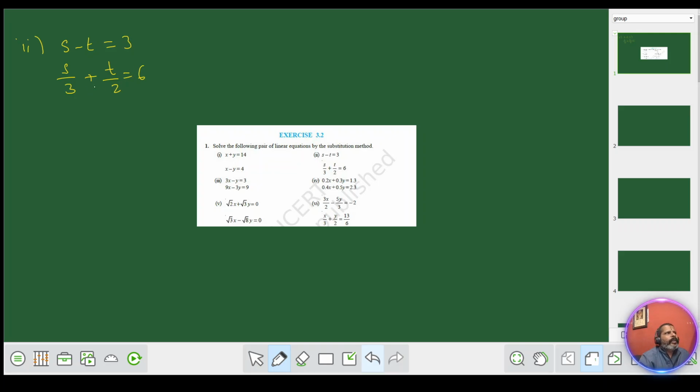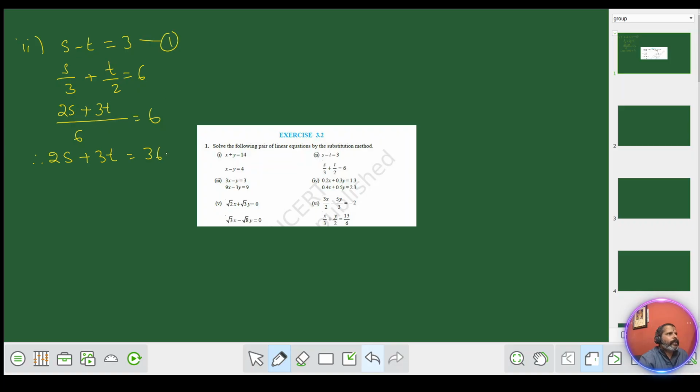Before we start substitution, you can simplify the second equation if required, so that you get a single line, avoiding the fractions. Here the LCM is 6, so 2s plus 3t equal to 36.